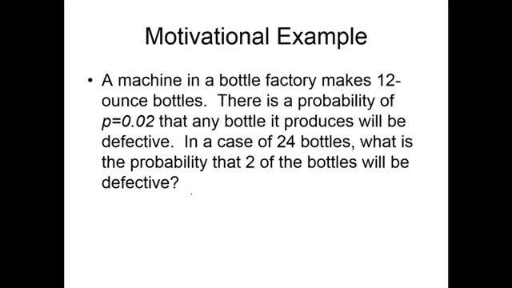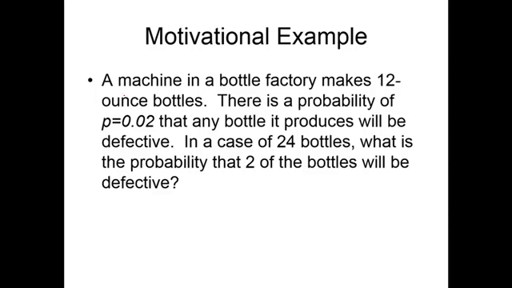Okay, this lecture is about binomial experiments and using them to simplify the hypergeometric, which as you may have noticed is a rather daunting formula. So we start out with a motivational example, which I think covers the spirit of what a binomial experiment is.